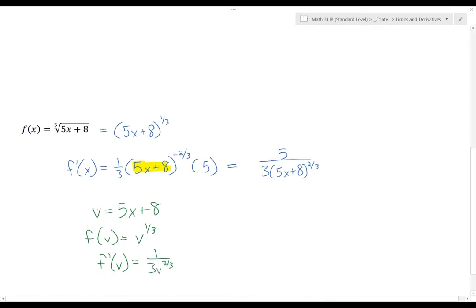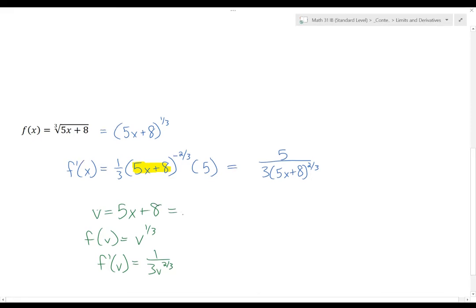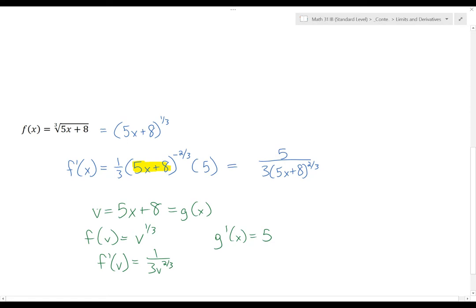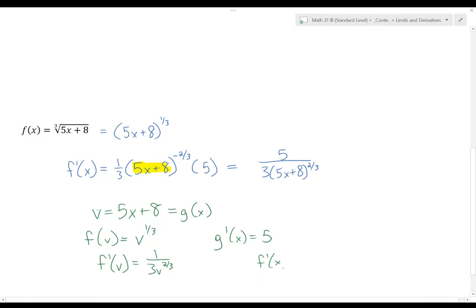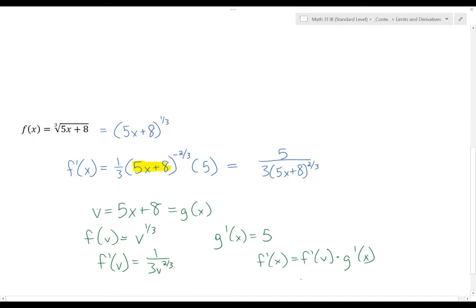And then v being 5x plus 8, I'm going to call that g of x, so g prime of x is therefore just 5. When I substitute that into the chain rule, which said that f prime of x is equal to f prime of v times g prime of x, we get 1 over 3v to the 2/3 times 5, which when we replace v with 5x plus 8 is exactly what we just had in the previous example. What I've written in green is not work you would have to show, but it does explain how that notation works.